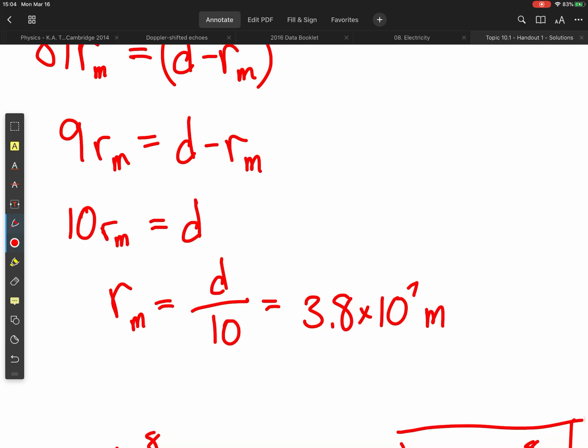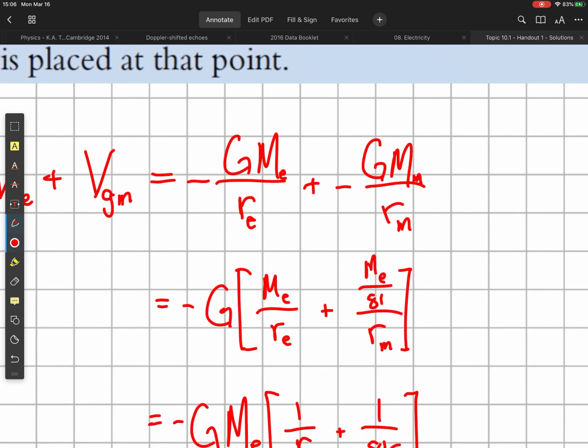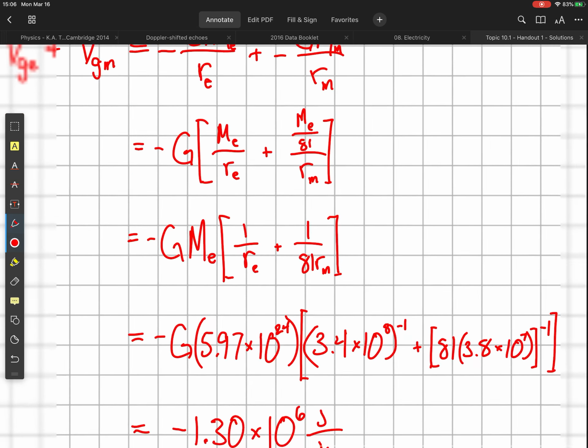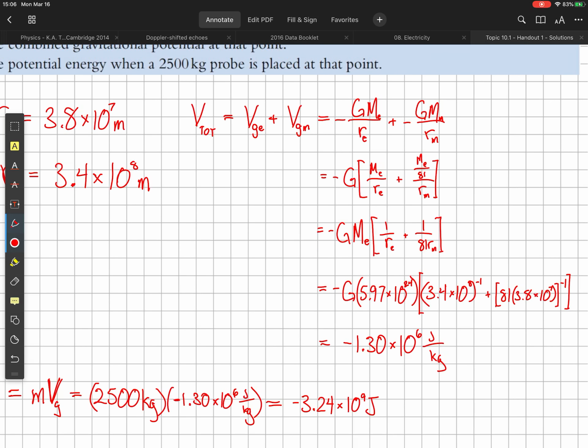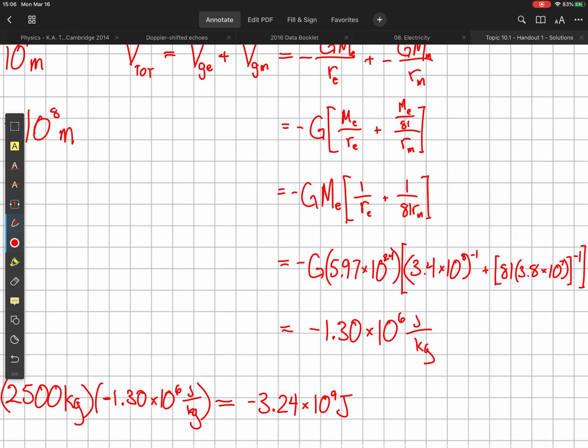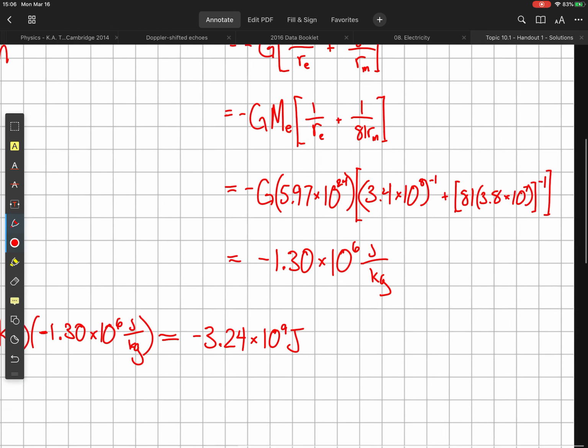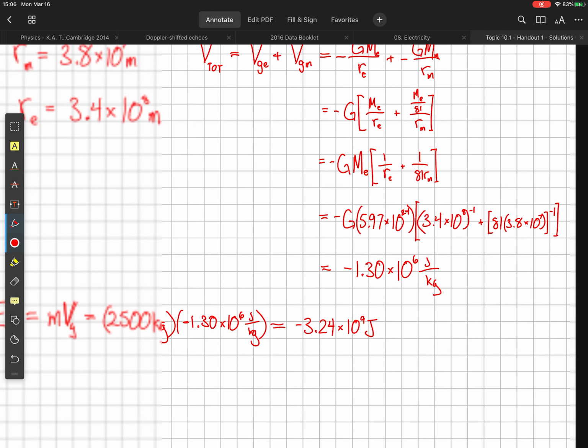So once again, we can do a little bit of algebraic simplification here, and I've done that so I can plug it all into my calculator at once. Again, don't be shy about just calculating each of these values separately, and I would probably do that on exams. However, I do like doing algebra, as you can see. So anyway, I do my algebra and I get negative 1.3 times 10 to the 6 joules per kilogram.